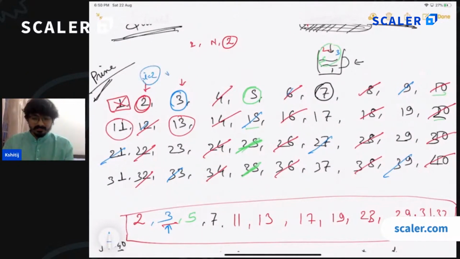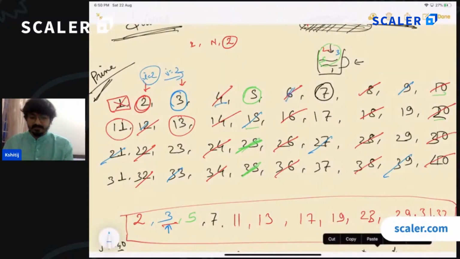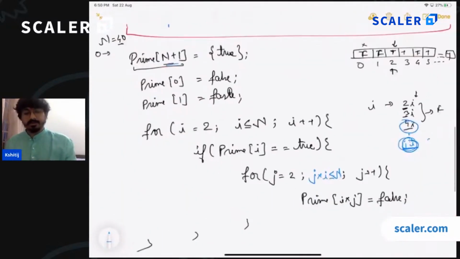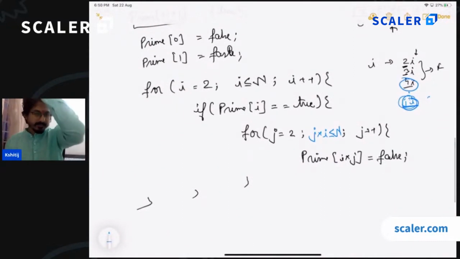So if j is equal to 2, you cut 4, then j becomes 3, you cut 6, j becomes 4, you cut 8, and you will go till 40, right? So j becomes 20. You don't want to increase j such that you are trying to cut a number which is greater than 40. So always we are keeping i into j less than or equal to n. Okay, is this thing clear to everyone?